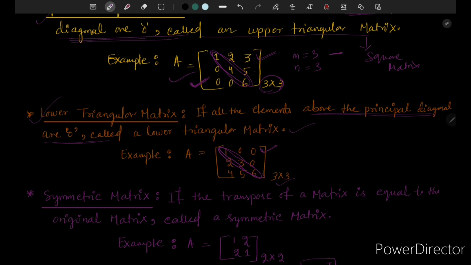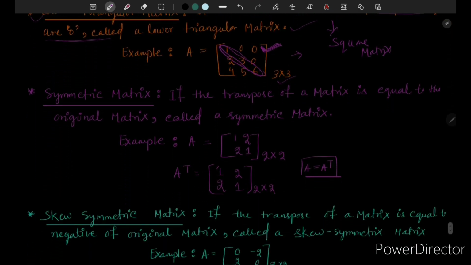The elements in the upper part of the principal diagonal are 0. So this is called a lower triangular matrix, and this type of matrix is also included under square matrix.